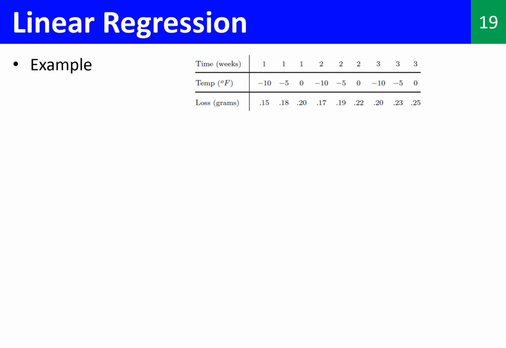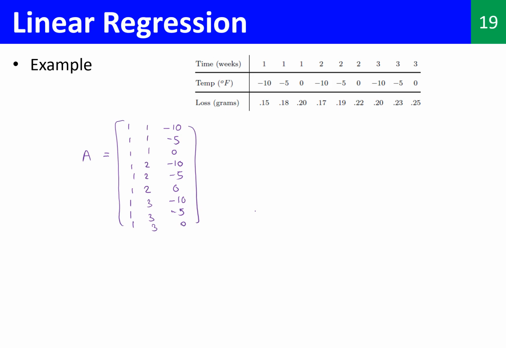So we have A matrix, which is equal to 1, 1, minus 10, 1, 1, minus 5, 1, 1, 0, 1, 2, minus 10, 1, 2, minus 5, 1, 2, 0, 1, 3, minus 10, 1, 3, minus 5, and 1, 3, 0.